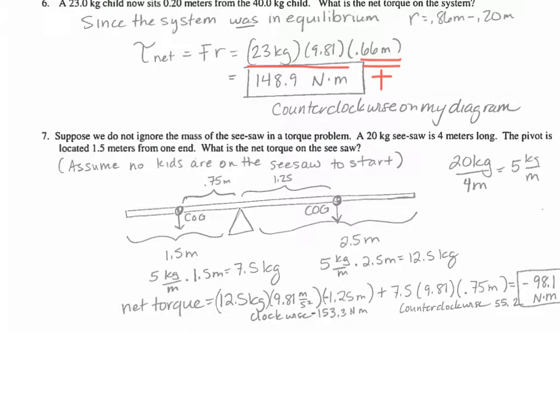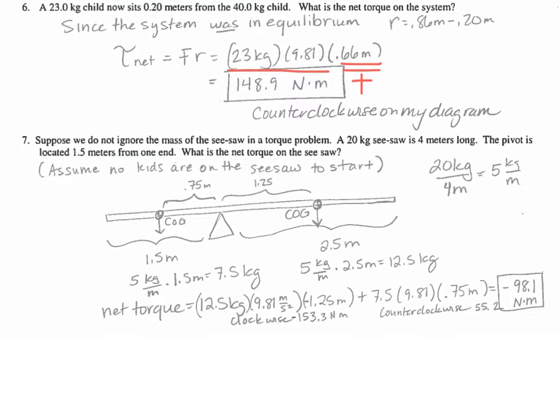There are a couple of different ways that you can solve this. In this scenario, I first found the mass per meter, so I figured out that the seesaw is 5 kilograms per meter.